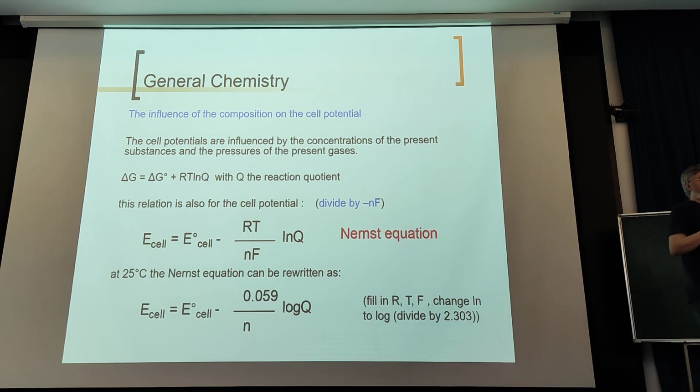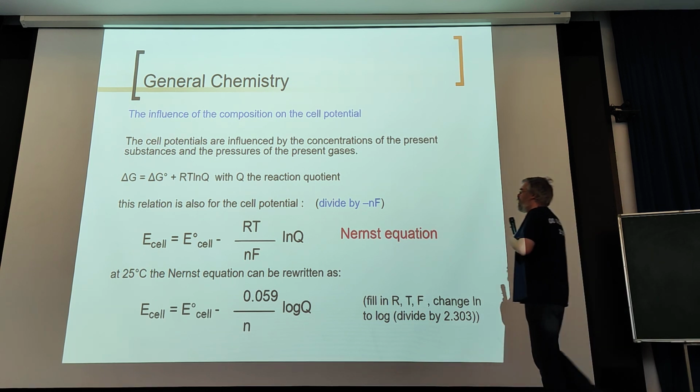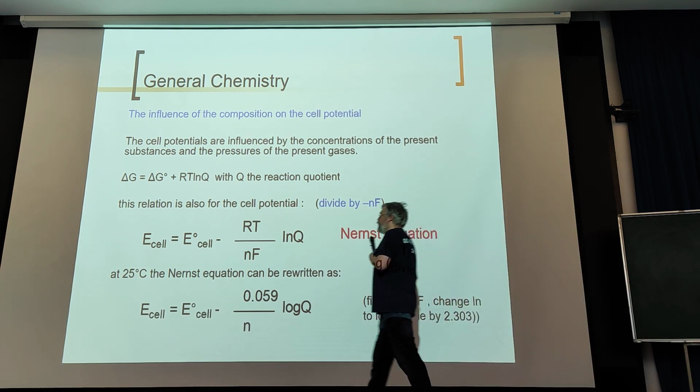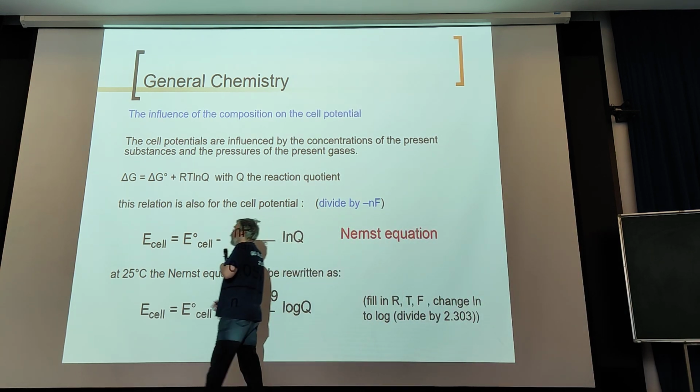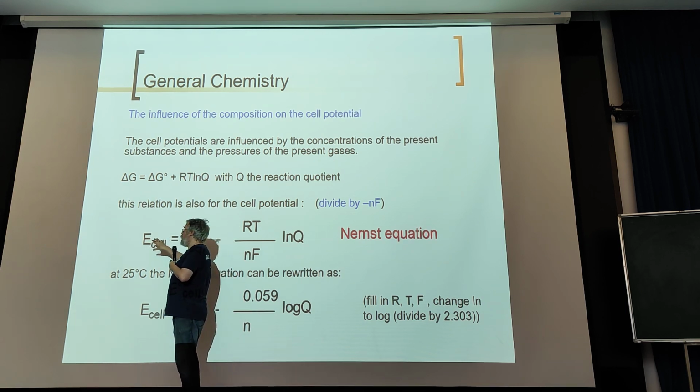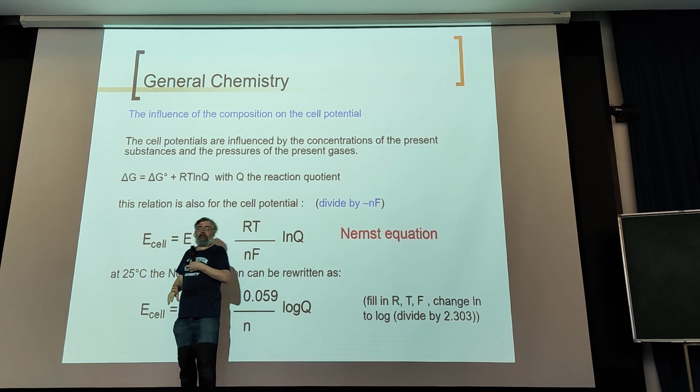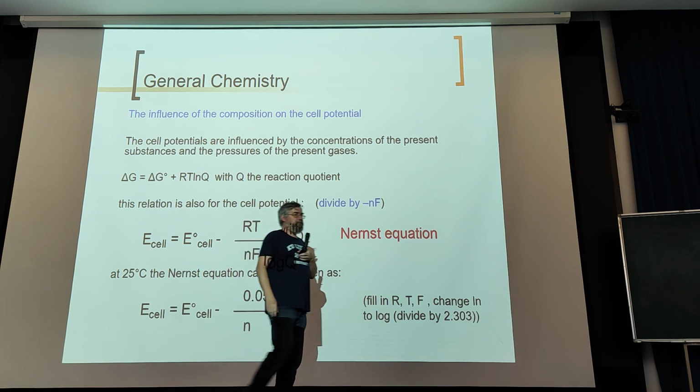The factor that we have to multiply it with is minus n Faraday. So if you divide by minus n Faraday, we get the cell potential at any concentration is the cell potential under standard conditions.